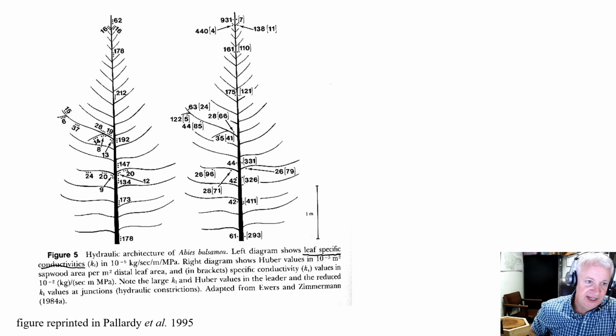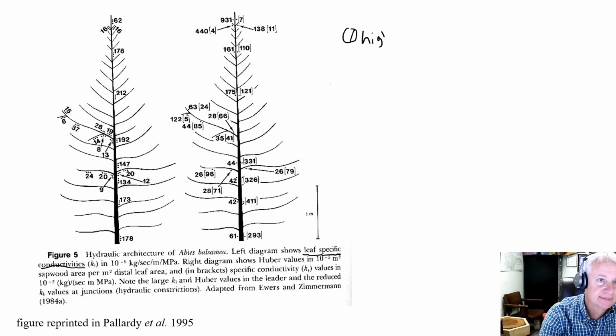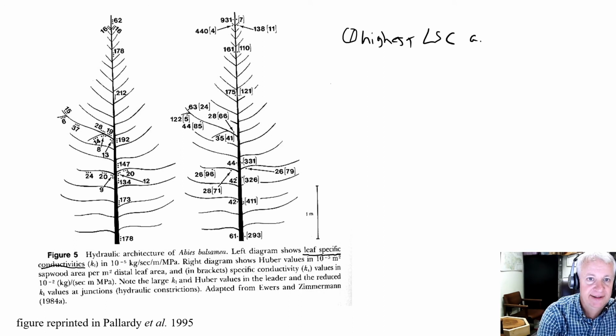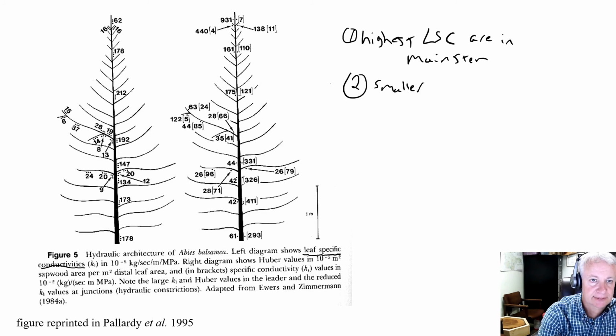So the left tree there shows leaf-specific hydraulic conductivity of different segments. And what you can see is a couple of things. One is that the highest leaf-specific conductivity is in the main stem, and that you see smaller leaf-specific conductivity in smaller branches.